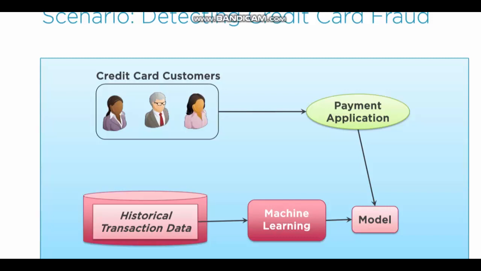This PayPal application is using a model at the back end which has a certain pattern based on historical transactions. Whenever you make a new transaction, the data provided by your new transaction will be compared with your historical transactional data. If it observes any discrepancy, it will alert you saying, hey, this is a fraudulent transaction. Otherwise, it is a genuine transaction.